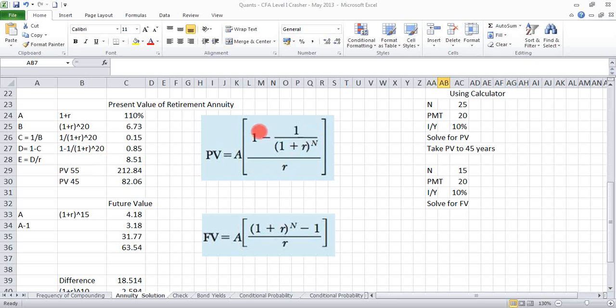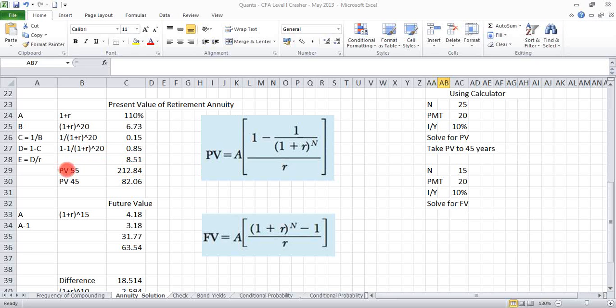Subtract this from 1 to get the numerator, which is 0.85, and then divide this term by r, the rate of return, which is 10%, to get 8.51. We get 212.84, which is the present value at 55 years.